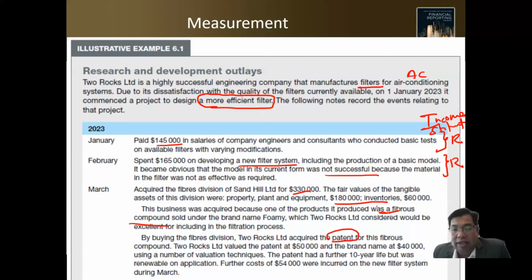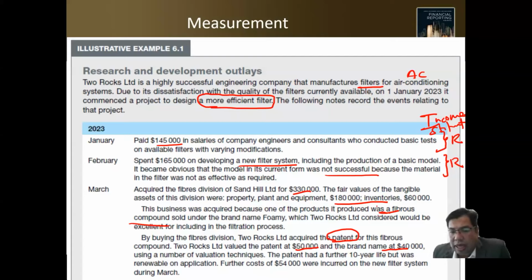This is your asset. It falls under the criteria in the process of recognition, where you acquire the intangible assets. So the patent value is 50,000, and they also have the brand name, which you can acquire in this case at 40,000 using a number of valuation techniques. So this will be your intangible assets.